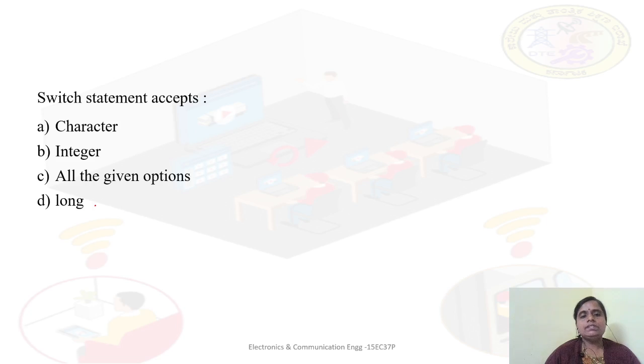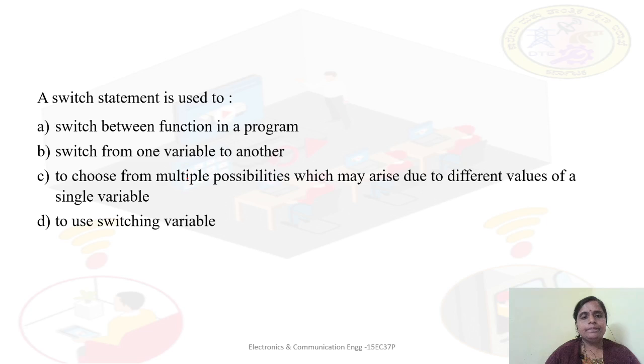Next, the switch statement accepts what? It accepts the character, yes, just now we have seen. It accepts the integer, it accepts the long also. It does not accept the float. So these are all the types which can be taken in your switch. So what is the right answer? All the given options are correct.